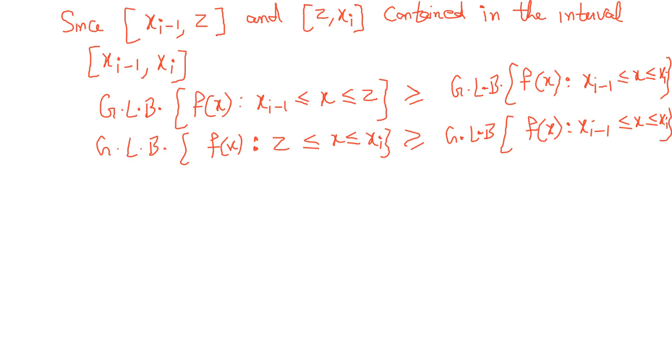We are doing this only for the GLB. Therefore we have m1 dash greater than or equal to mi, and m1 double dash greater than or equal to mi.